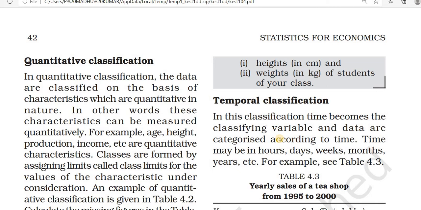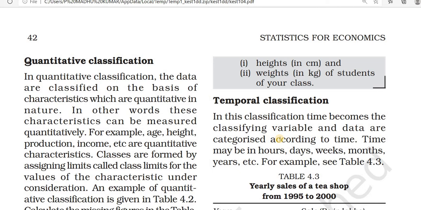Next is quantitative classification. In quantitative classification, characteristics are measured in quantity. In other words, these characteristics can be measured in quantity only. Age, how can we calculate it?